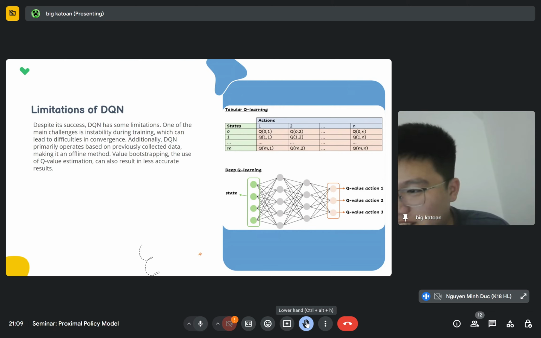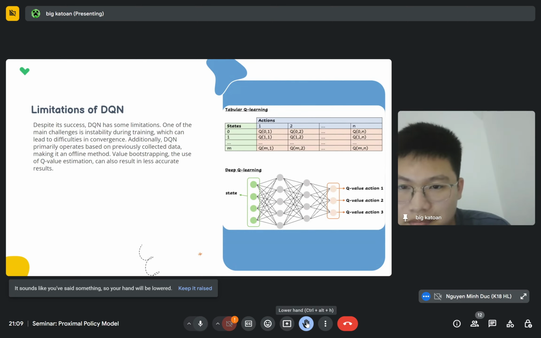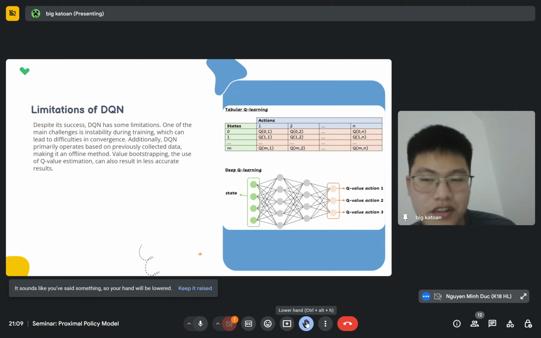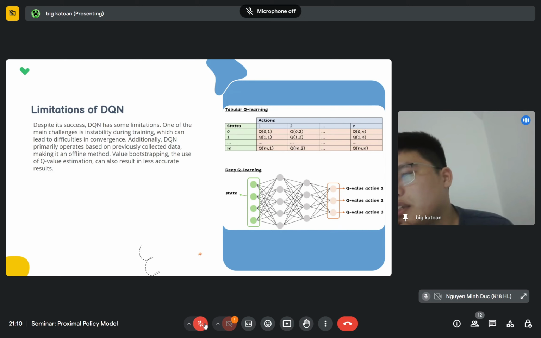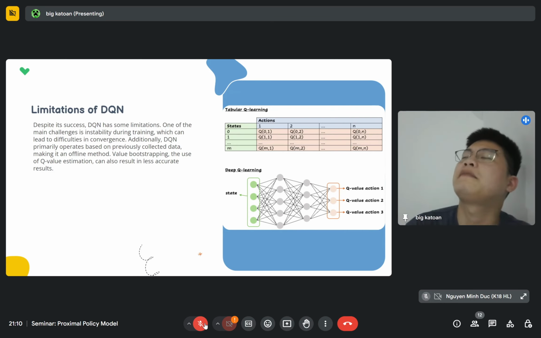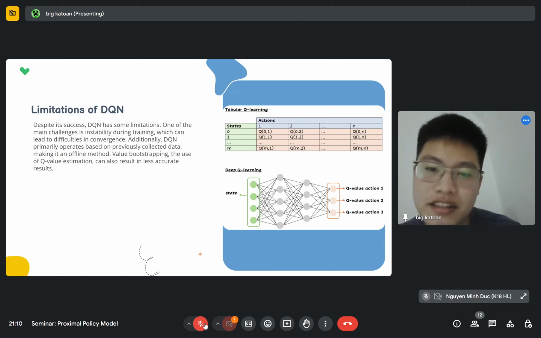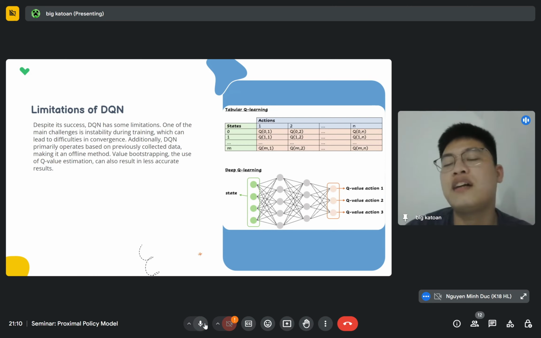I have a question. I understand that the main limitation of DQN is that it cannot deal with a continuous action space. A continuous action space is for something like regression, an actual value, while a discrete action space is for probability.